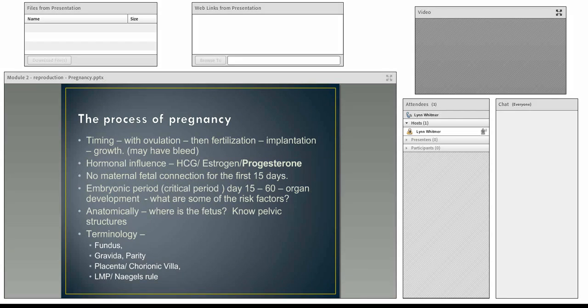We have a P next to that for preterm, meaning a pregnancy from the 20th to the 36th week. We have an A that stands for any abortions. Now, abortion is a medical term for any loss, be it spontaneous or elective, doesn't matter. And the last letter is L for living.